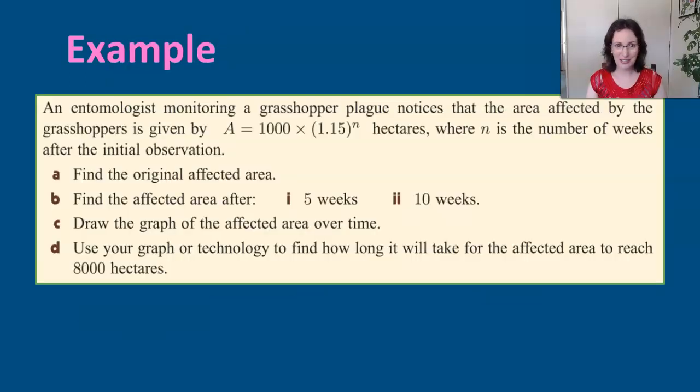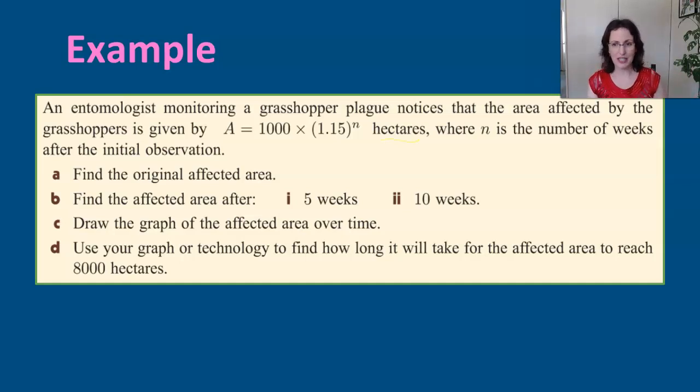Okay, so we've got a lot to read here. An entomologist monitoring a grasshopper plague notices that the area affected by the grasshoppers is given by this formula, where A is equal to the area that is covered by the plague. So imagine all of these grasshoppers going crazy. In hectares. It's not a unit that we use all that often, but farmers do, and for large blocks of land.